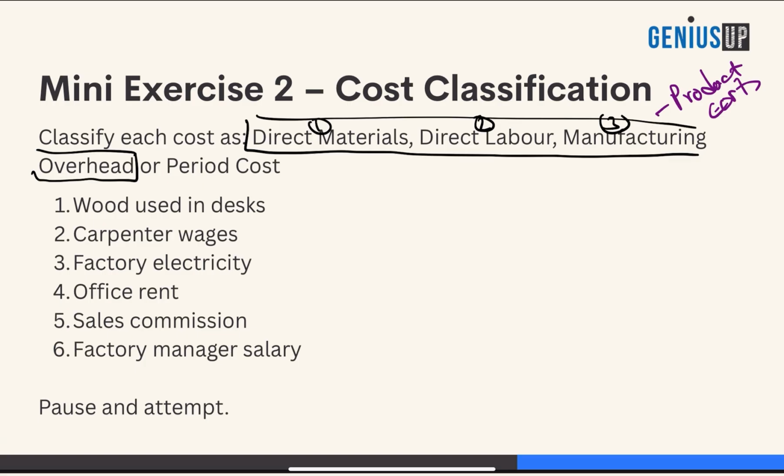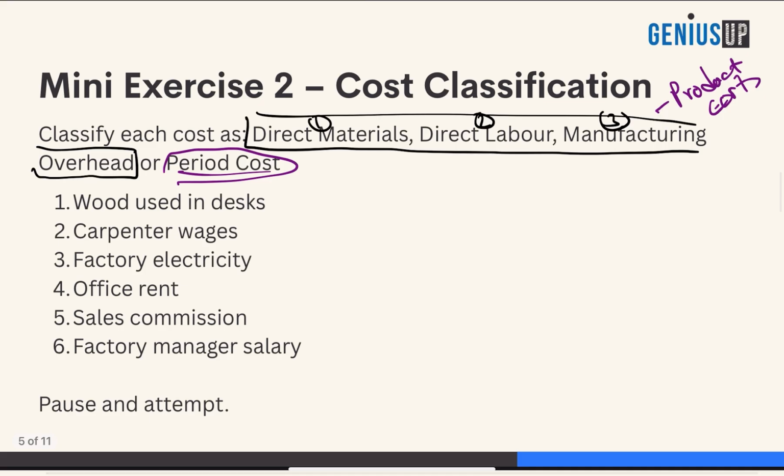And then you have period cost, which are costs that are not incurred directly in the production process, right? They're not factory cost. They're costs outside of the factory, meaning that without these costs, we can still produce the final product because these period costs are not directly related to the production or the factory, right?